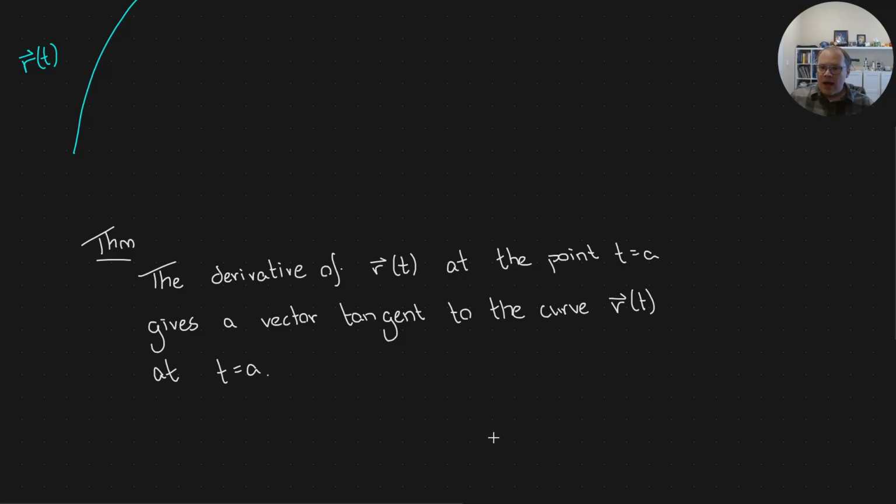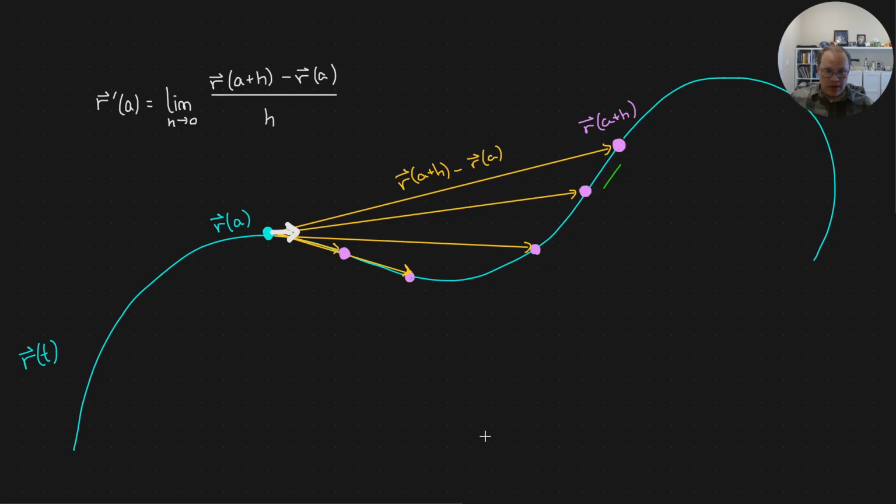The length of the vector is also significant, though we're not going to focus much on it in this section. We'll focus more on it in future sections. But if you remember that we could think about our parameter as time, what the original function is telling us is you could almost imagine a particle moving along this path at different points in time, right? And maybe sometimes it's moving faster and sometimes it's moving slower.